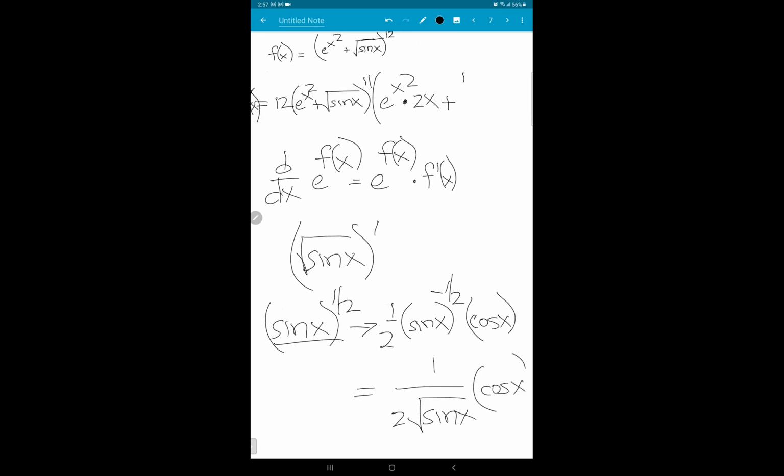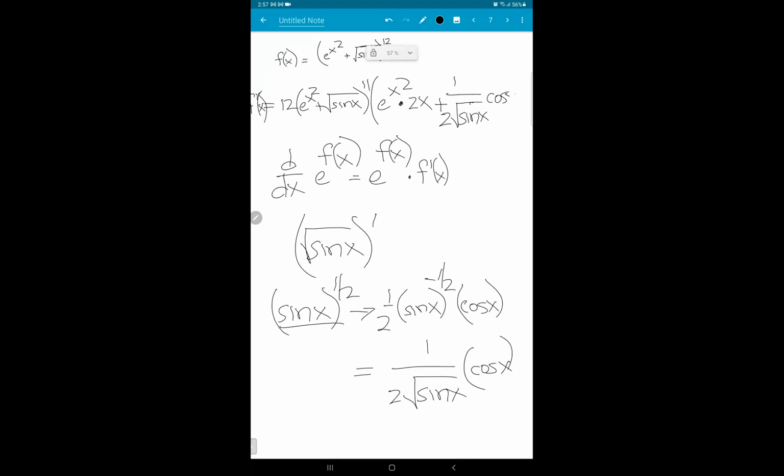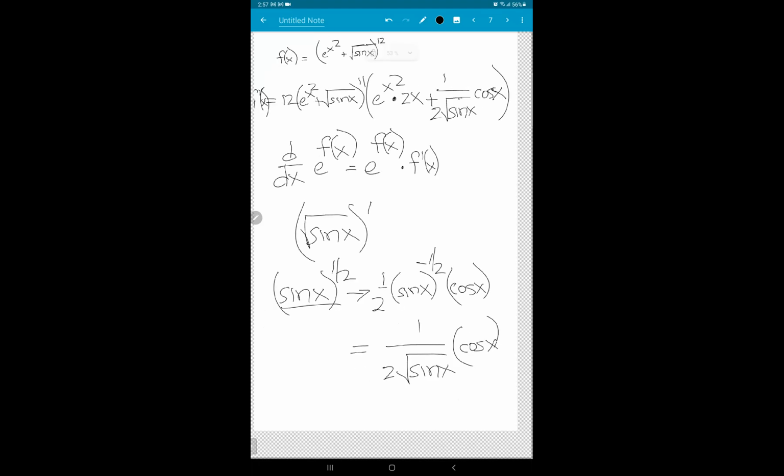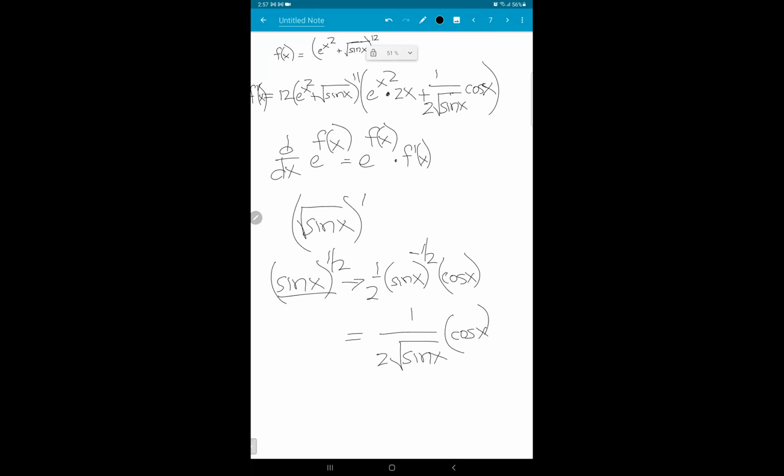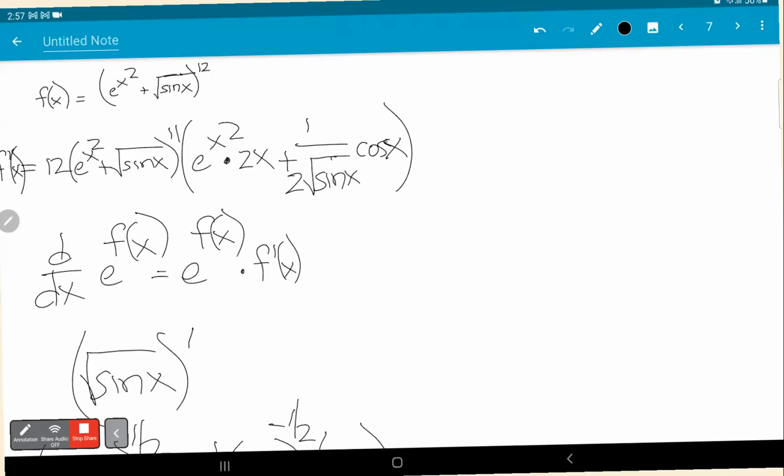But it's okay to use exponential form or power form. So let's use the radical form. Too many to fit in that narrow screen.